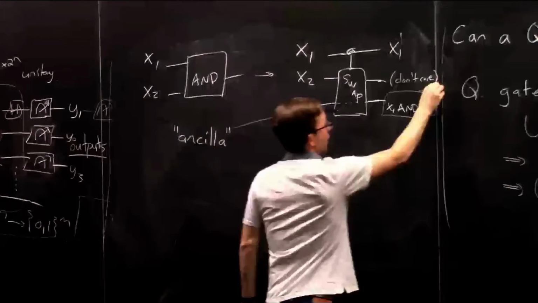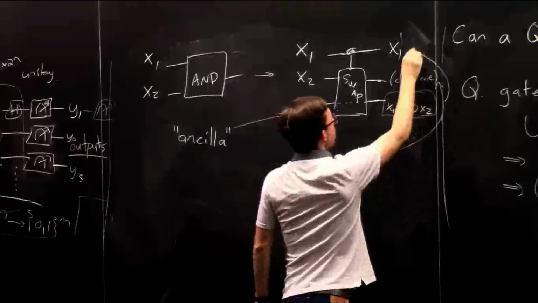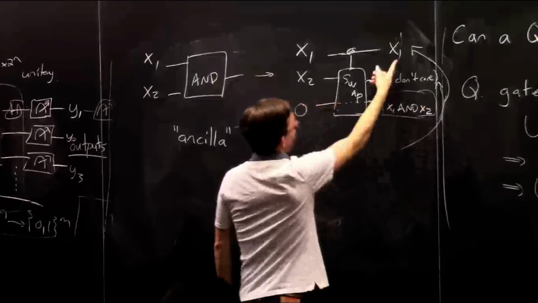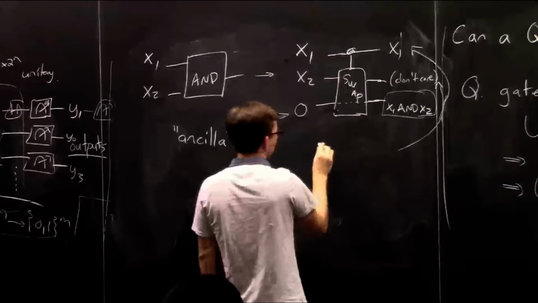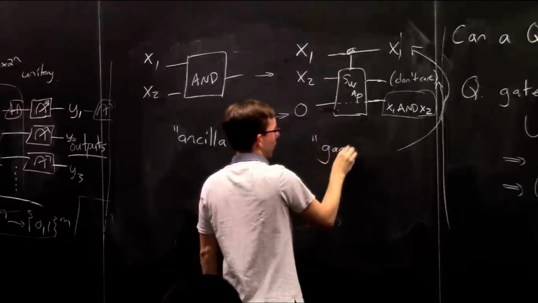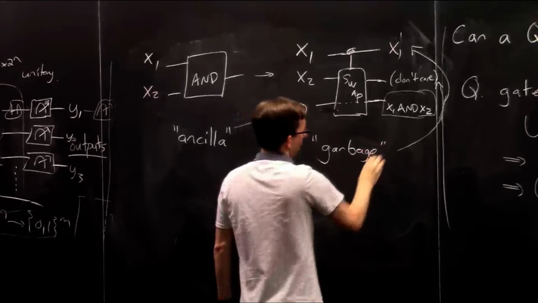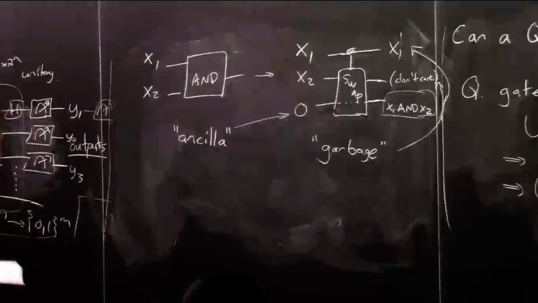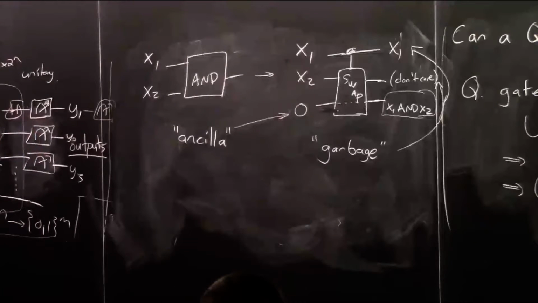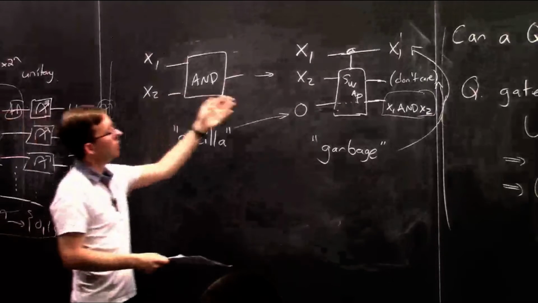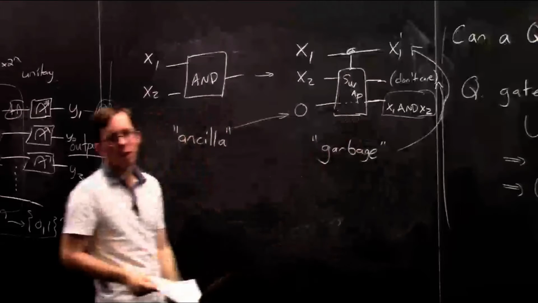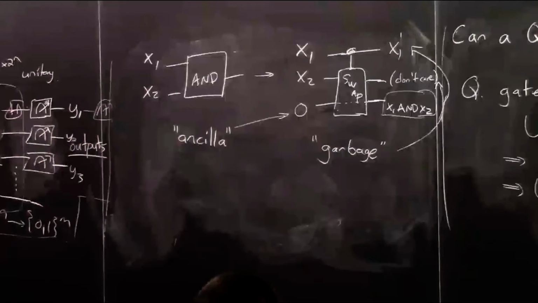And to be honest, this thing, we didn't really want it either. These bits are called garbage bits. A little bit funny, but that's what they're called. And that's it. So yeah, you can get the AND of 2 bits using a C-swap and an ancilla.